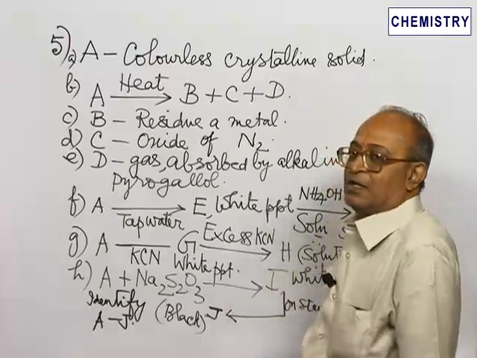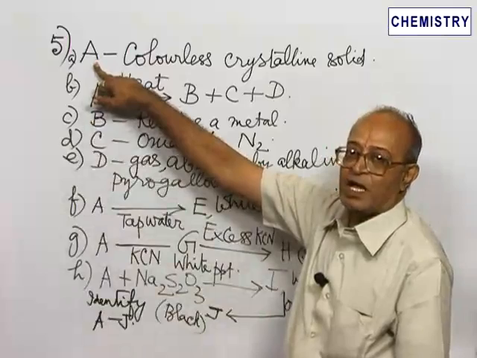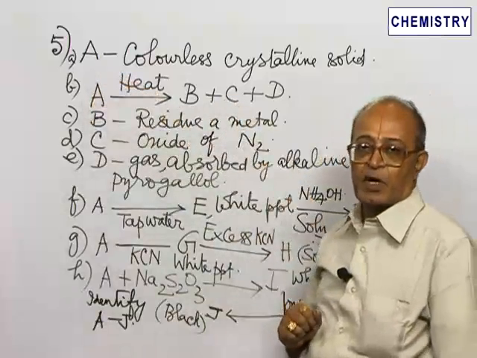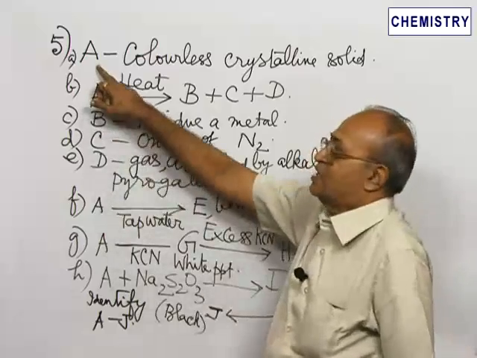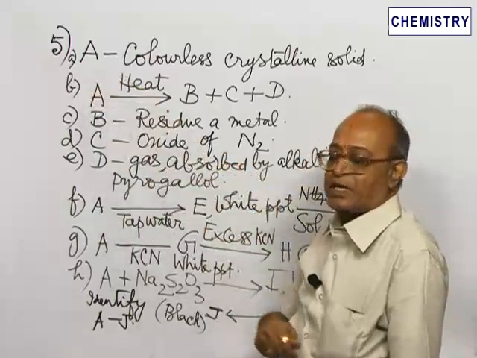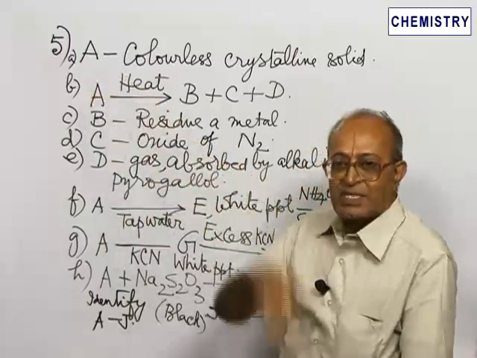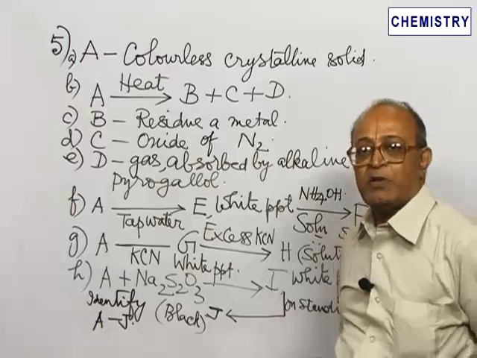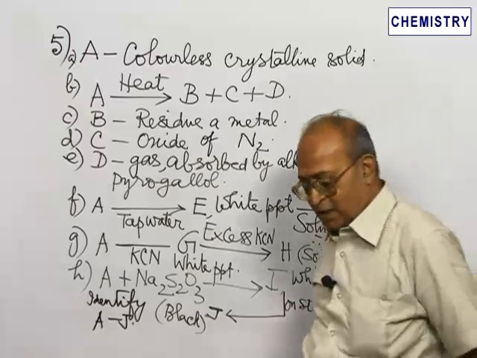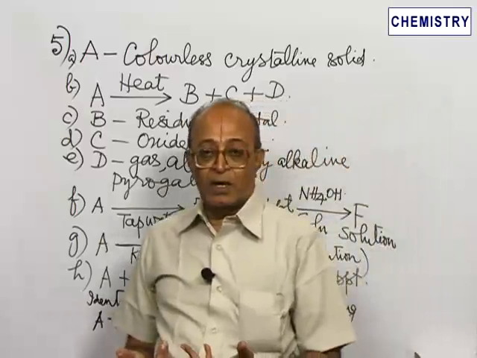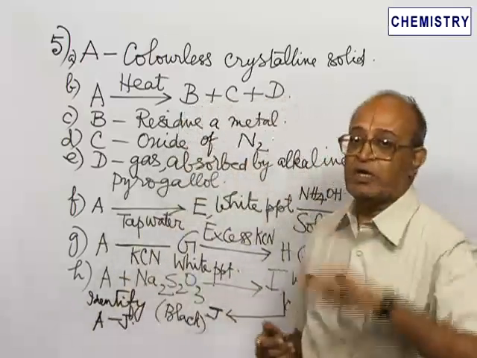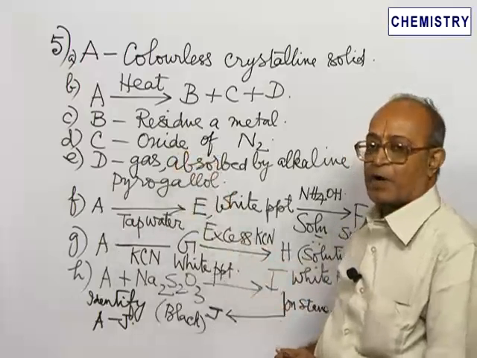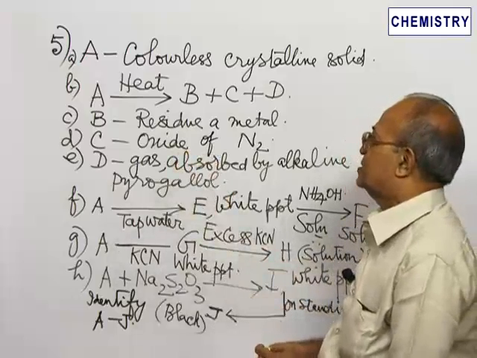That means the original compound A, since it gives C as one of the products, this original compound A should contain nitrogen in some form. Nitrogen in some form means it may be a nitrite or it may be a nitrate. Of course, we don't know, it may be the ammonium compound. Let us see whether further points will clarify some points.